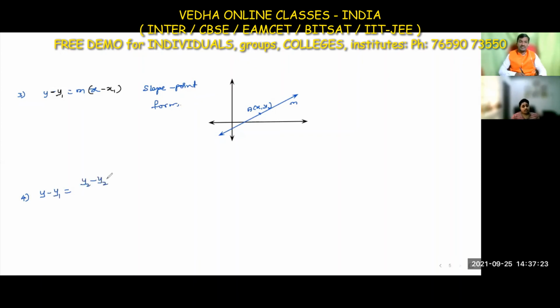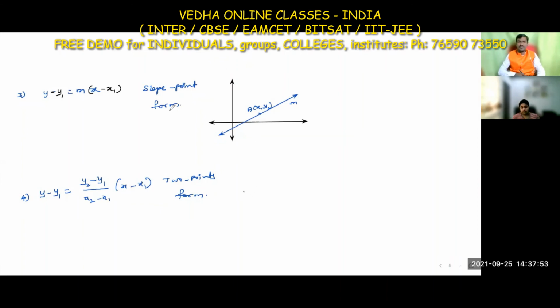When we know two points, the slope is (y2 minus y1) divided by (x2 minus x1), or (y1 minus y2) by (x1 minus x2). Either one is okay. This is called the two points form, because two points are given here.